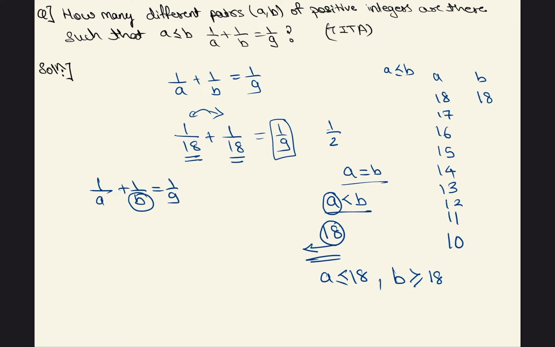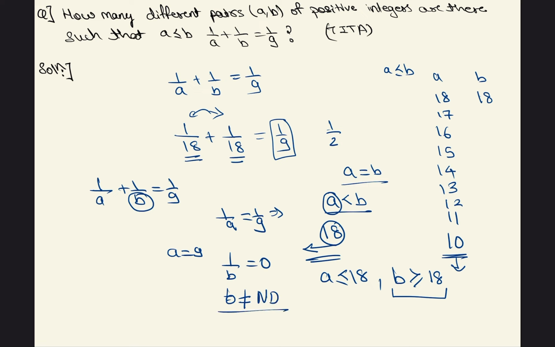One more thing we notice is that if a goes to 9, then 1 by a is 1 by 9, which means 1 by b is 0, so b is not defined.